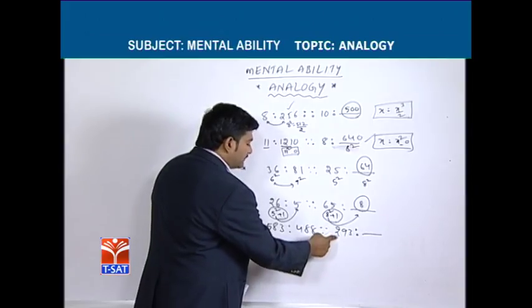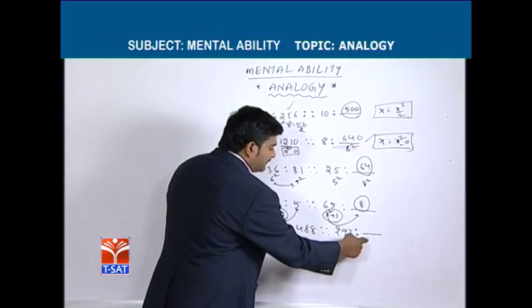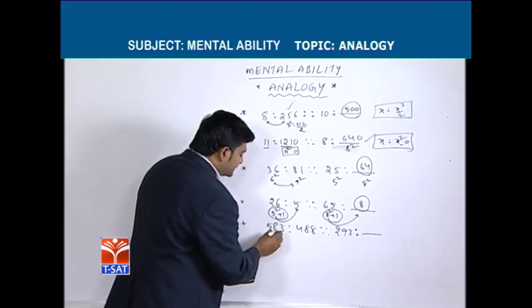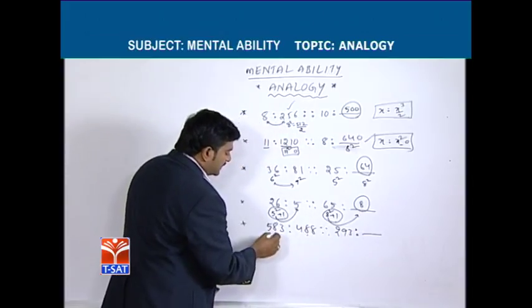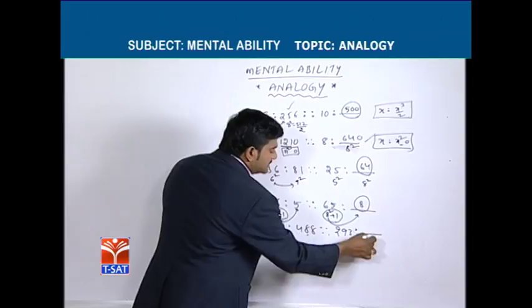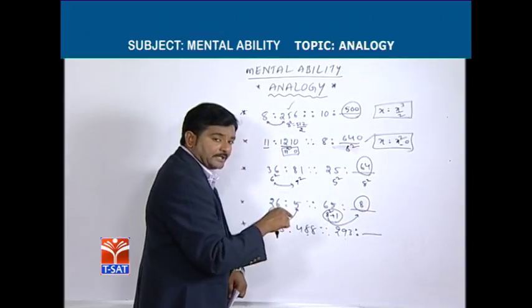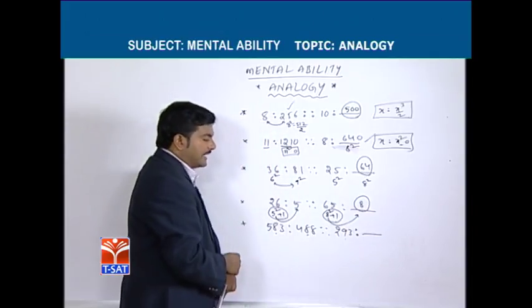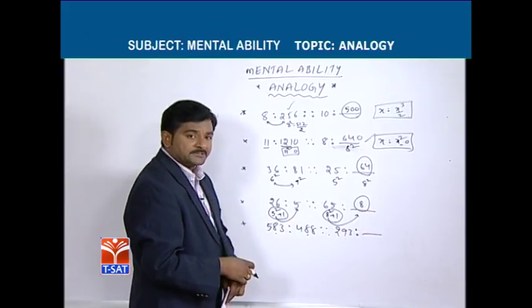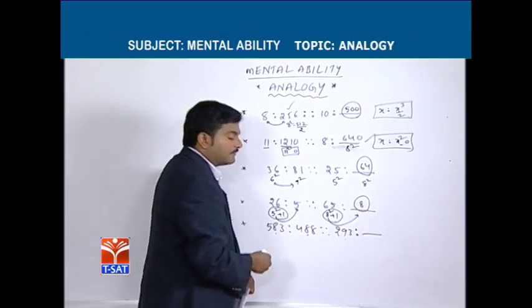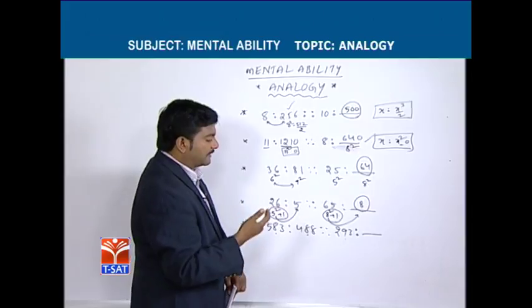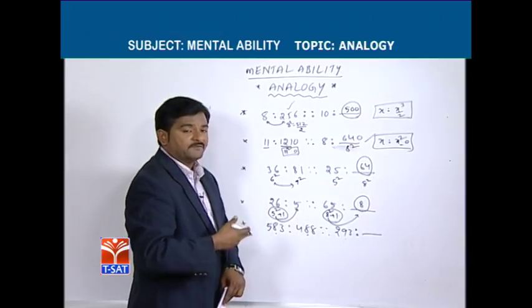I have to reduce 1. 2 minus 1 means 1. I need to write the middle number as it is, 8, and adding 5 to 3, I am getting 8. So 198. That is one way of explanation.